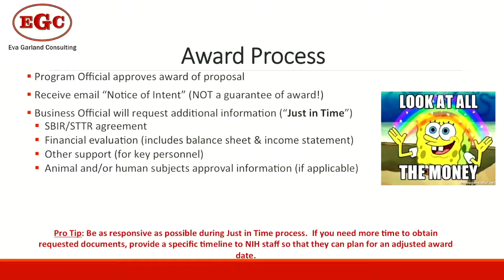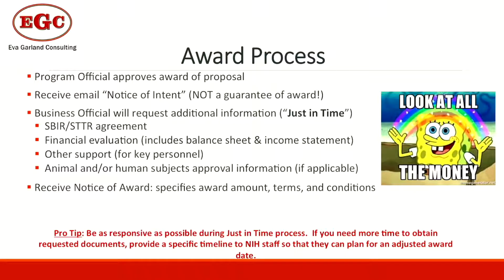And there will be a lot of information, if applicable, about animal or human subjects approval, if you're going to be doing animal studies or human subjects research, let alone a clinical trial. And if you receive a notice of award, that will specify the award amount, the terms, and the conditions.